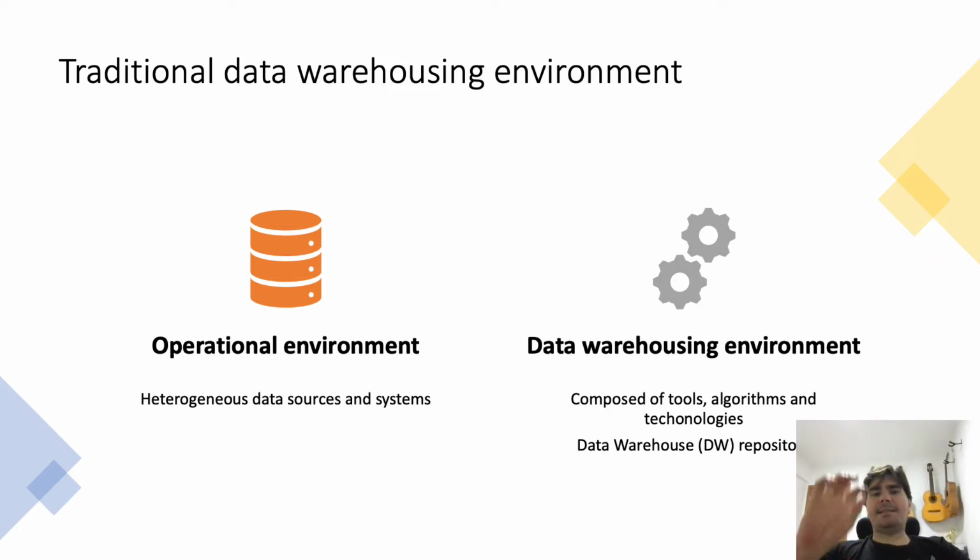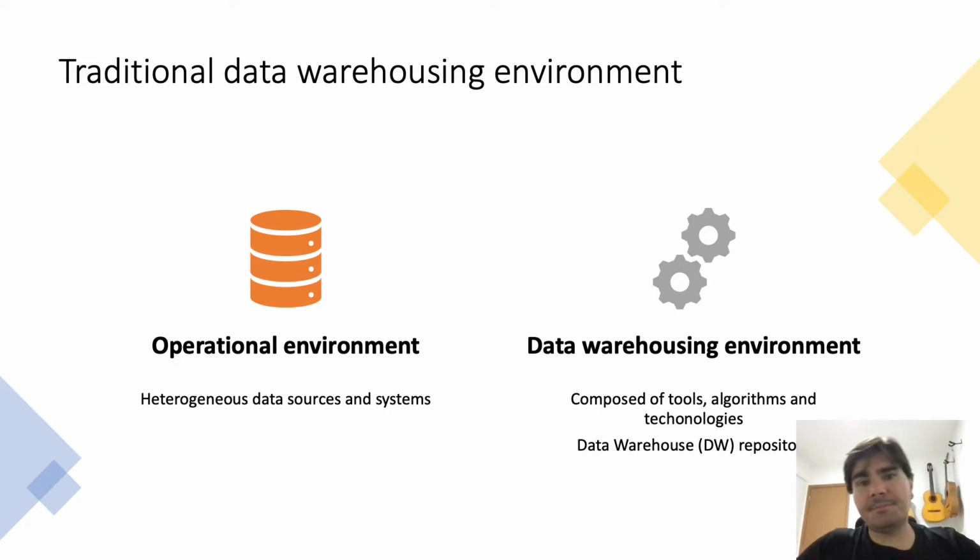The DW repository needs to be updated from operational data sources at a predefined moment. That is, we need to send operational data that is produced from operational data sources into the DW repository.